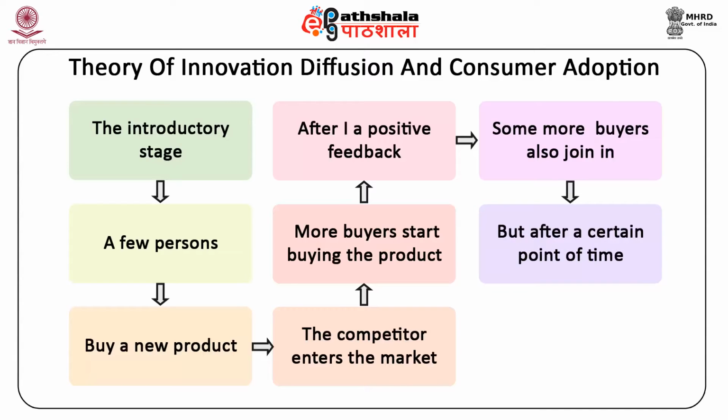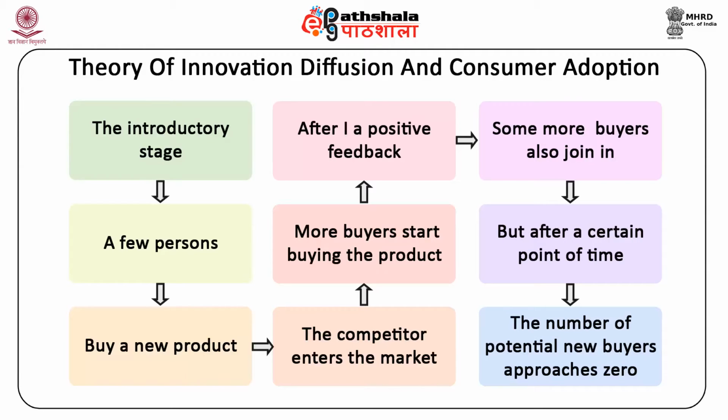But after a certain point of time, generally at the maturity stage, the number of potential new buyers approaches zero, as all those who were interested to buy the product are already buying. Sales become stagnant and only few join the customer base.